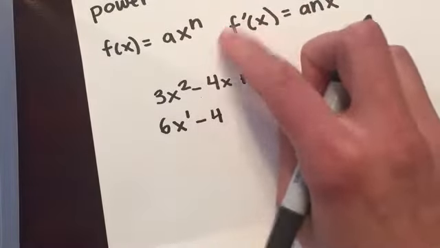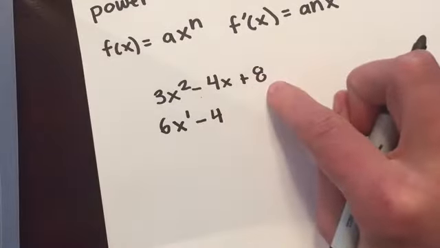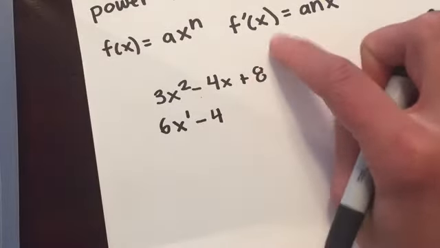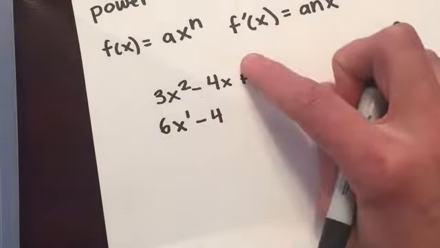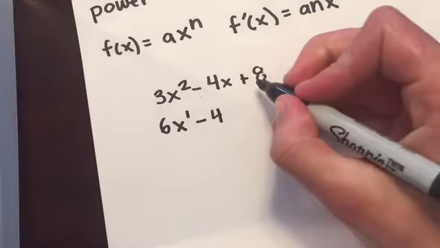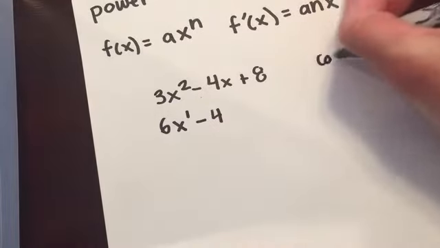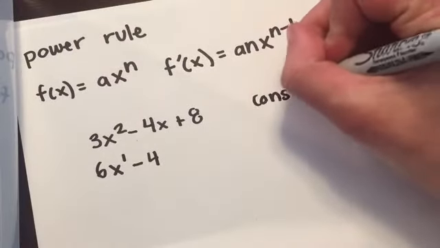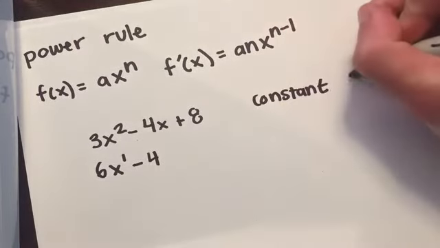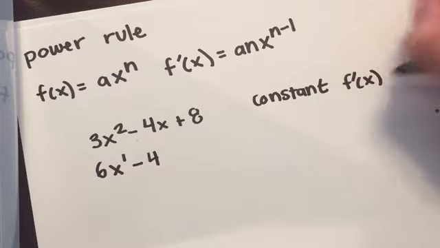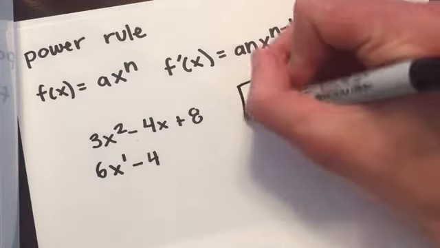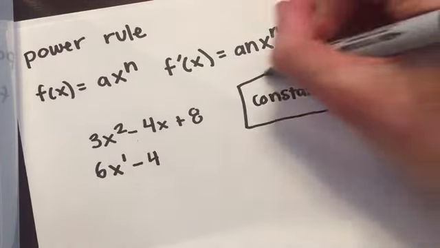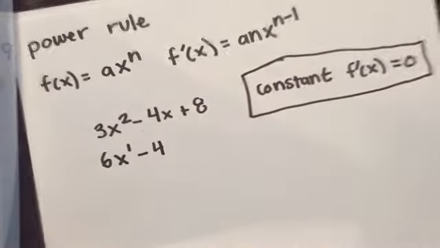Because the x is now to the power of 0, we remove it. Now this 8 doesn't have an x next to it, meaning that x is to the power of 0. So 0 times 8 is 0. So if it's a constant, the derivative, f prime of x, equals 0. Always, all the time. So if you just have a constant value, it's 0.